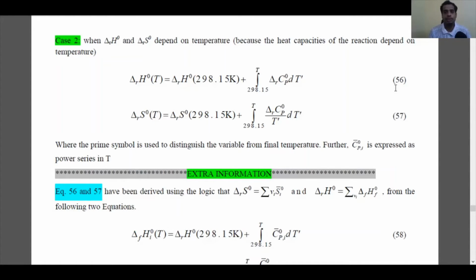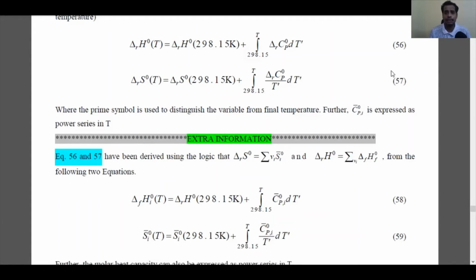Both equation 56 and 57 involve a term called heat capacity at constant pressure. Again I am repeating, both reaction enthalpy and reaction entropy as a function of temperature further depend upon heat capacity at constant pressure. Now how did I arrive at equation 56 and 57?